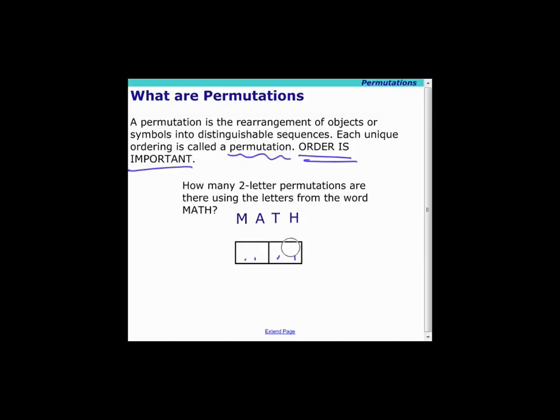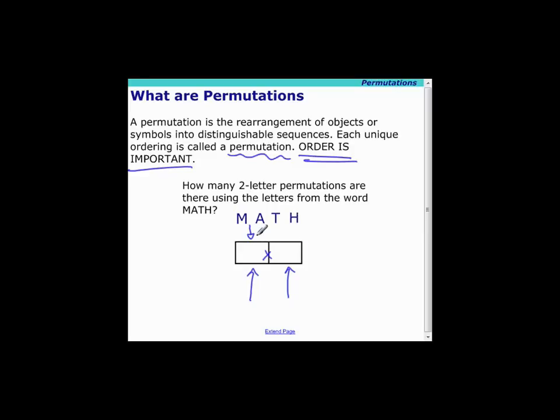So what I can do is use something called the fundamental counting principle. And we'll see this on a slide that comes up later. What that does is it says if you have 2 things to fill or 2 events to happen, just figure out how many possible ways there are for this one and multiply it by how many possible things there are for this one.